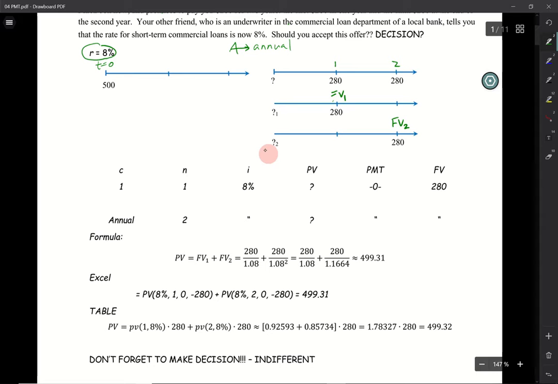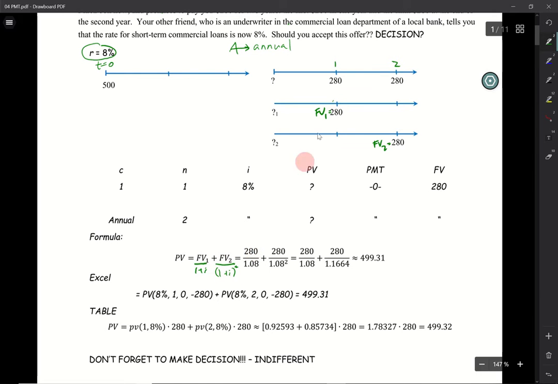Or sorry, I should actually have this 1 plus i, and then 1 plus i squared over there. So the present value is this future value divided by this factor, or multiplied by the discount factor, or 1 over the whatever it is, right? So this is what it is.